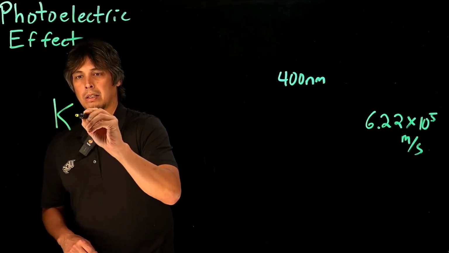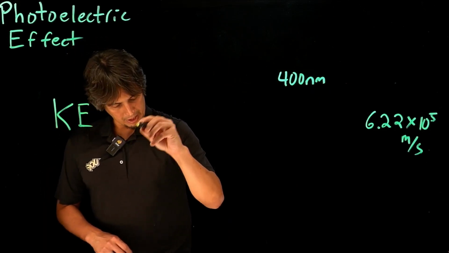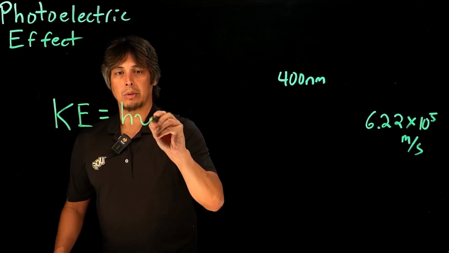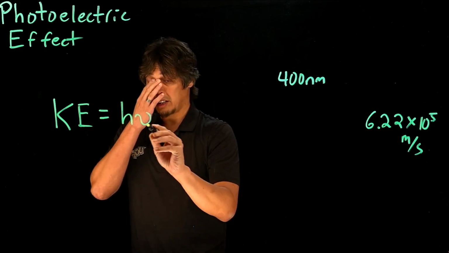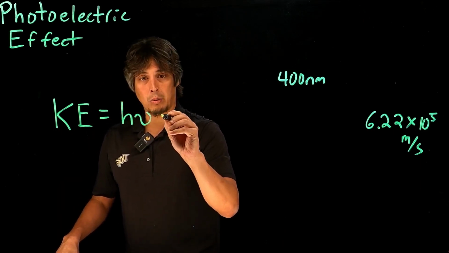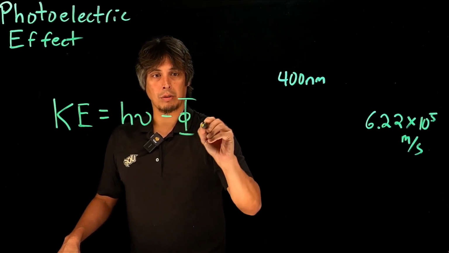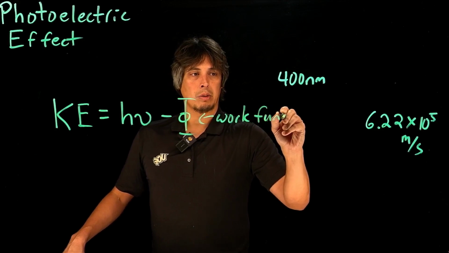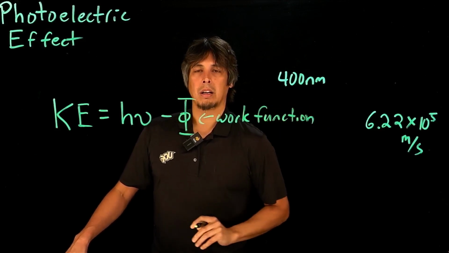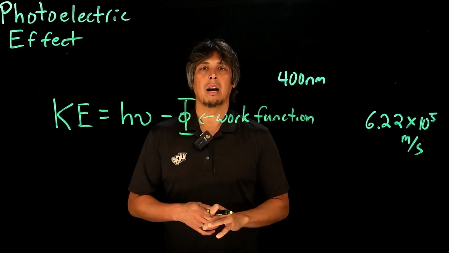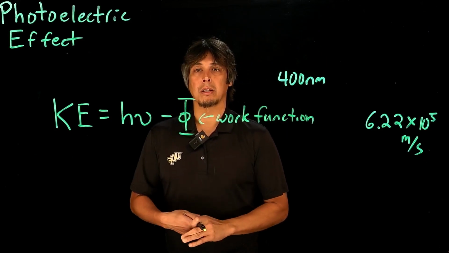The velocity is dependent on the kinetic energy, and that kinetic energy of the ejected electron was equal to h nu, which is Planck's constant times the frequency of the light, minus a work function. This is a threshold energy, a minimum amount of energy that is required in order to eject an electron in the first place.